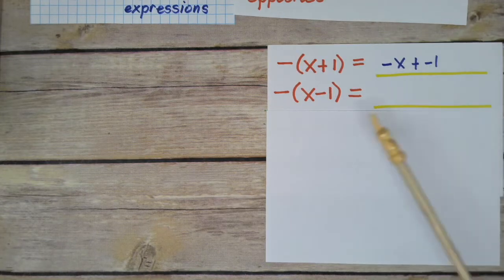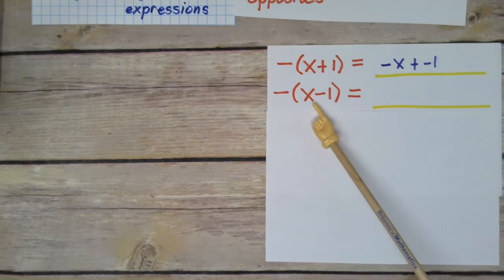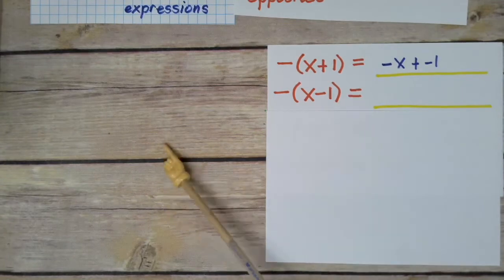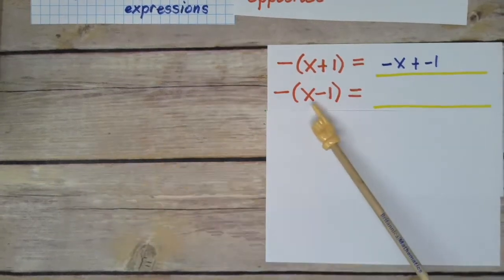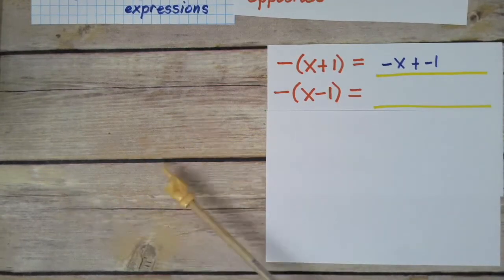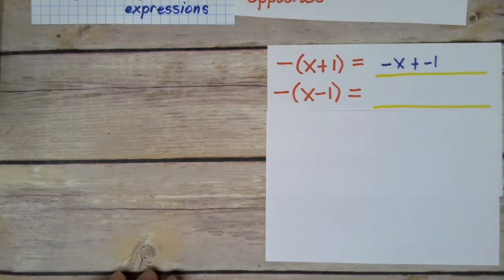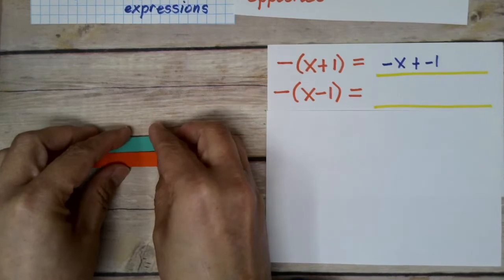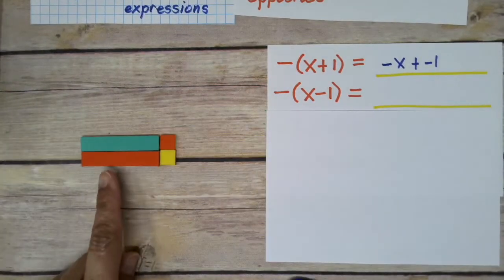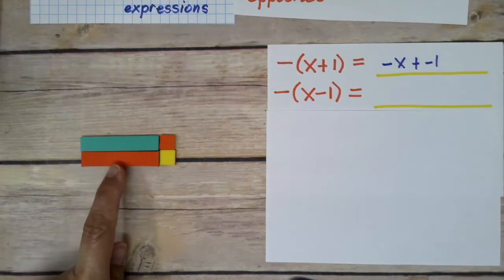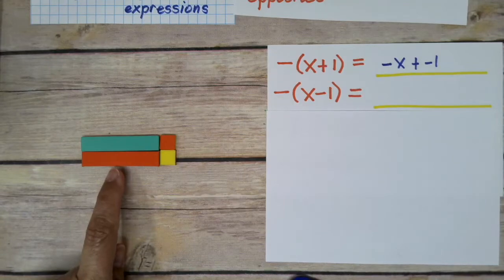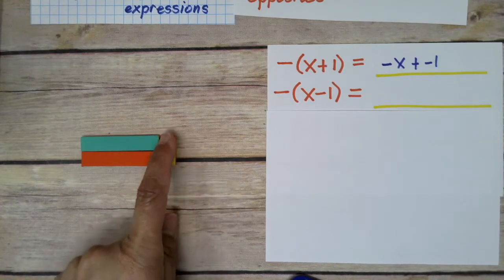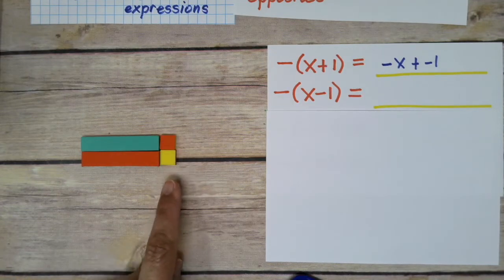Next, we have the negative of quantity x minus 1. We want to subtract x minus 1 from nothing. Therefore, we need to bring in a zero pair with the x's and a zero pair with the square tiles. So this green and orange rectangle represents the zero pair for the x's and the zero pair for the 1's.